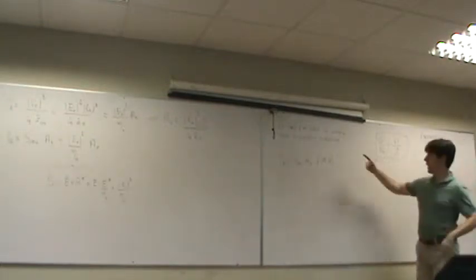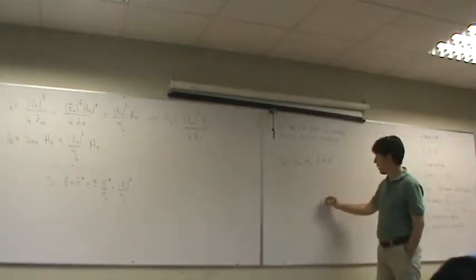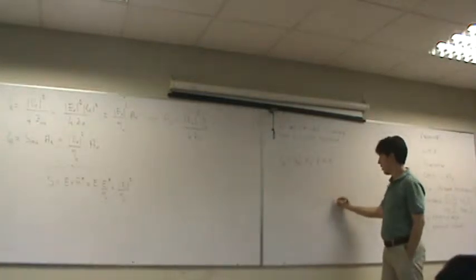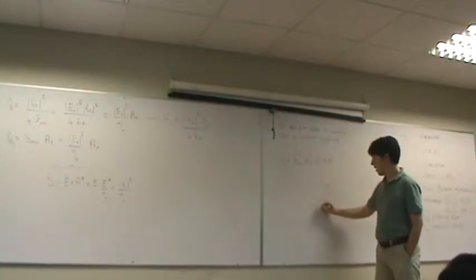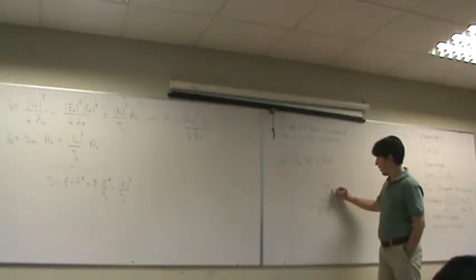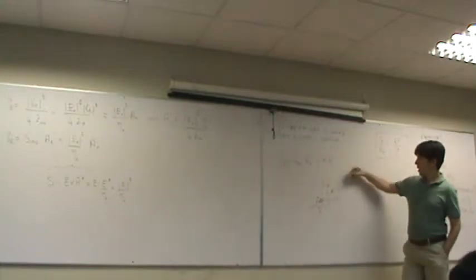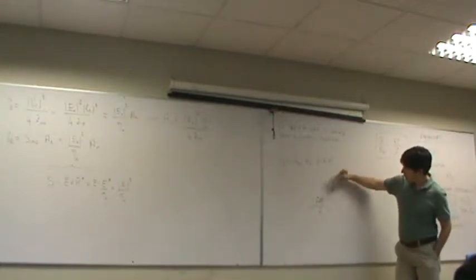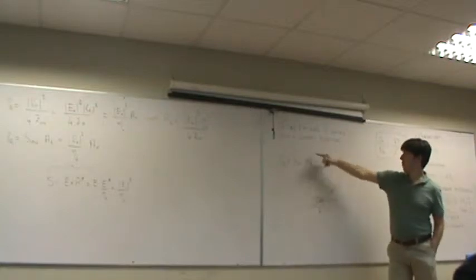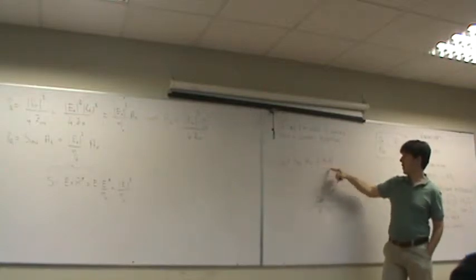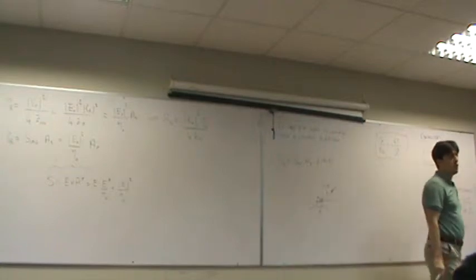So the generic direction is identified by the angular coordinates theta and phi. This is the direction with respect to the antenna, and the wave is coming along this direction, and you just multiply everything with the antenna directivity function.